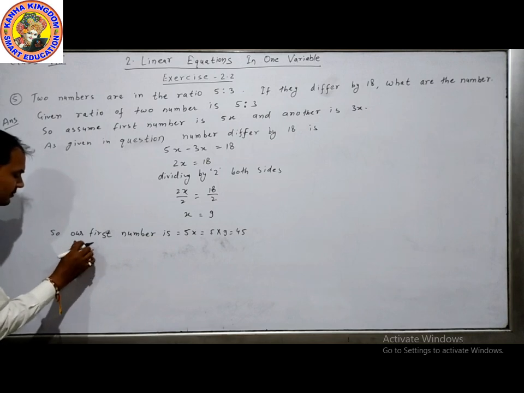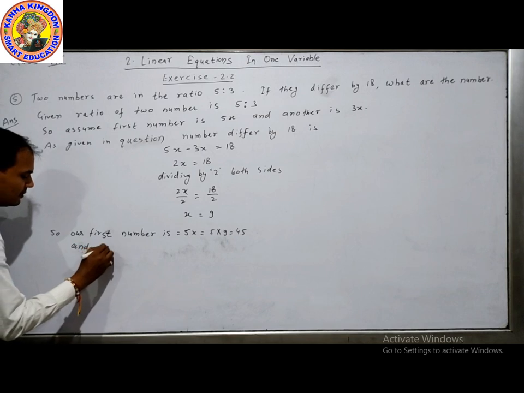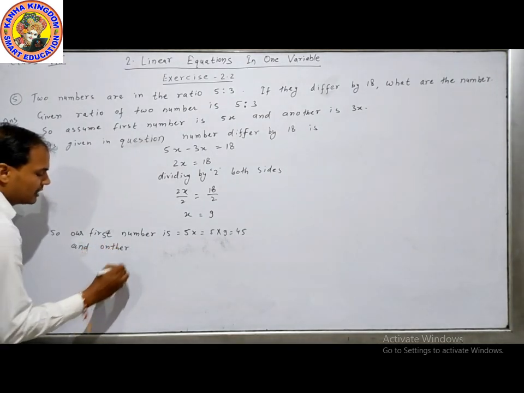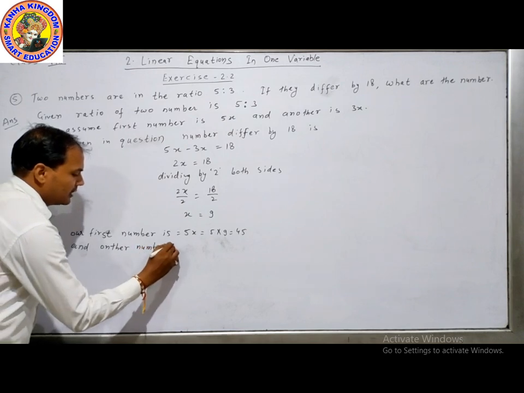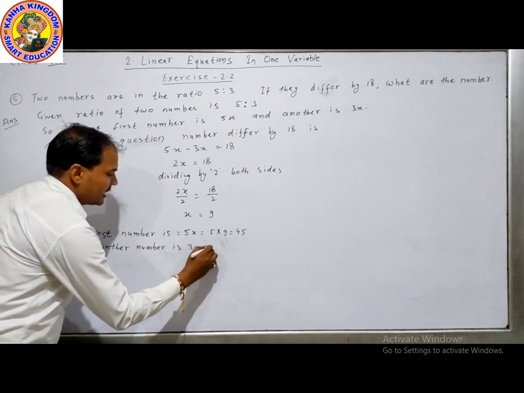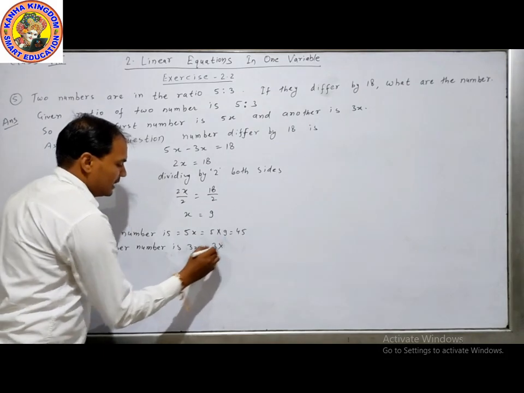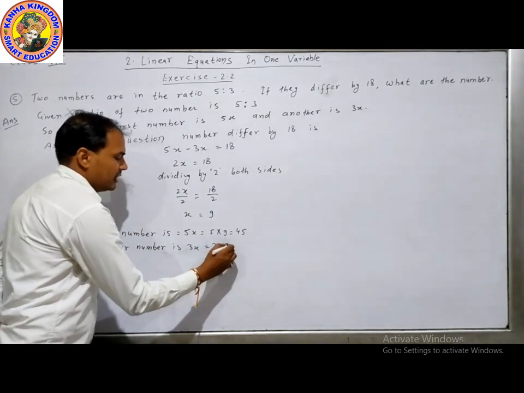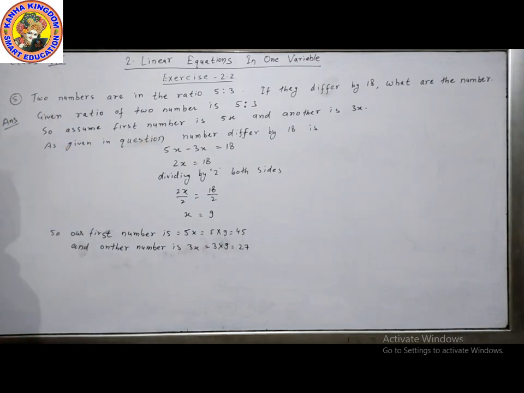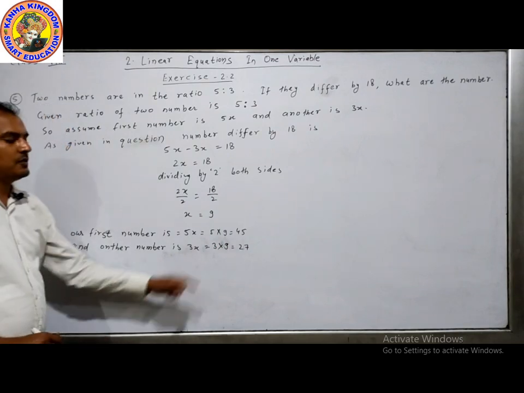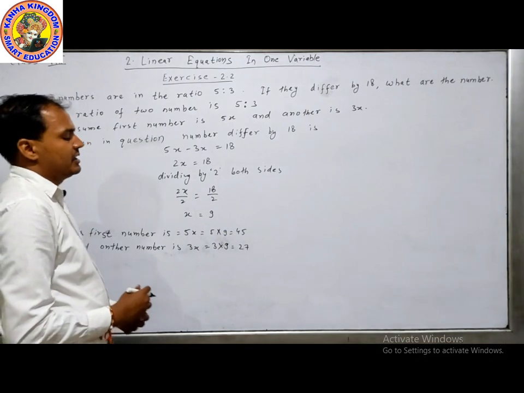And another number is 3x. 3 into the value of x, 9. 3 into 9, 27. These are our two numbers, 45 and 27.